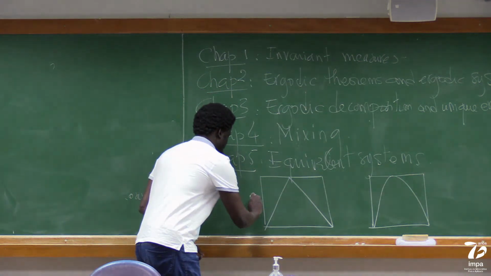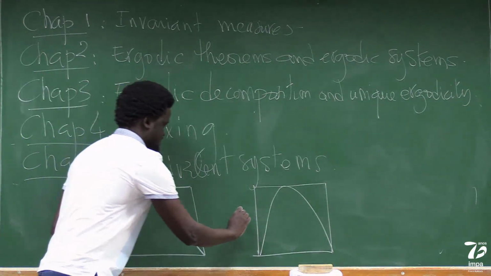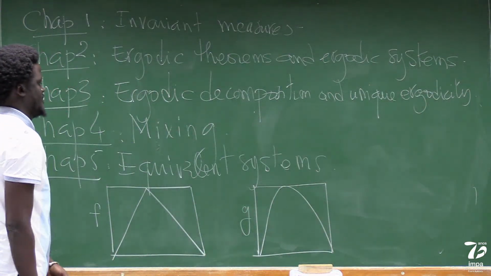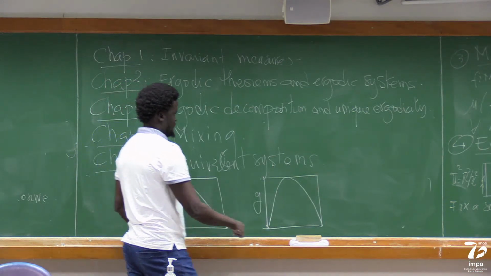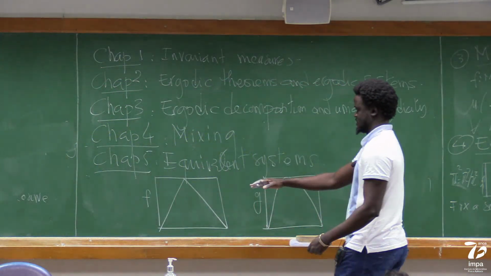So if this is F, this is G, so let's say this was on the interval. So these systems are equivalent.